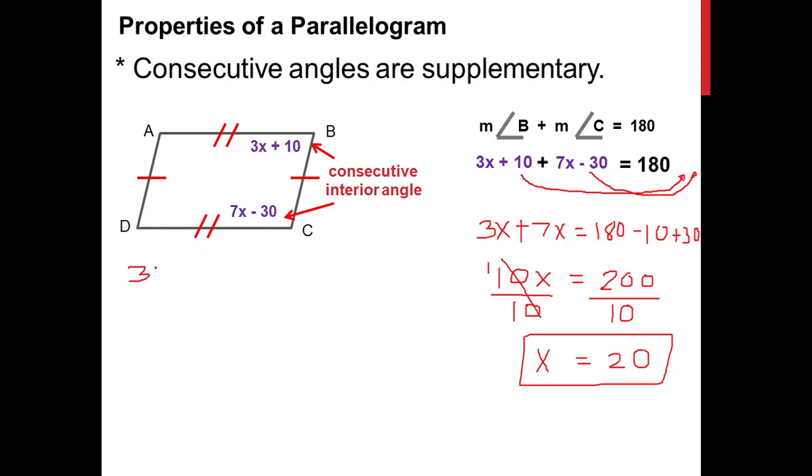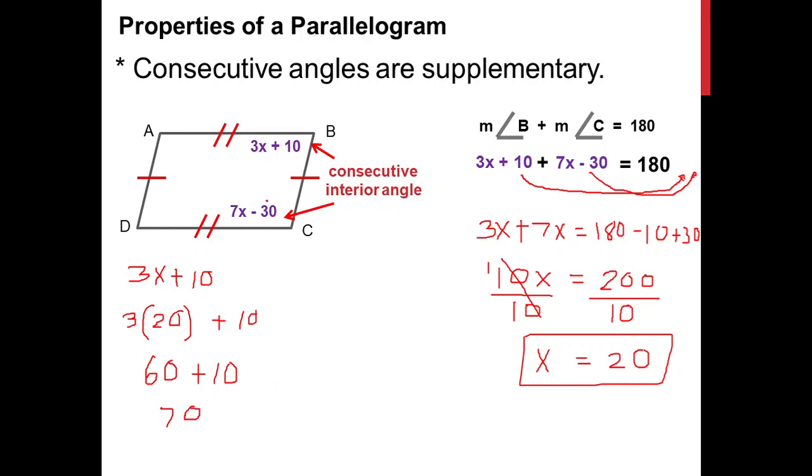3x plus 10. My x is equal to 20. 3 times 20, that is 60, plus 10, this is equal to 70.